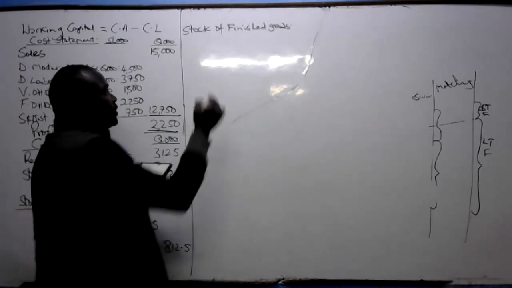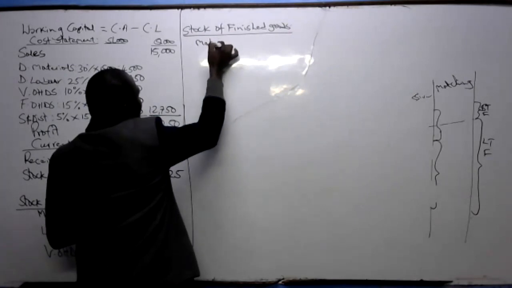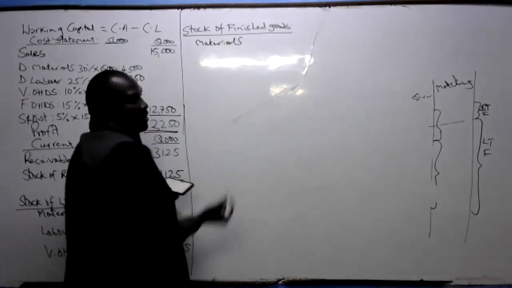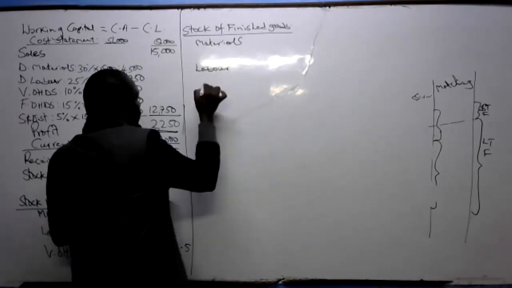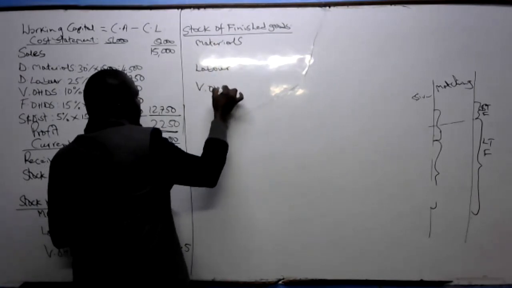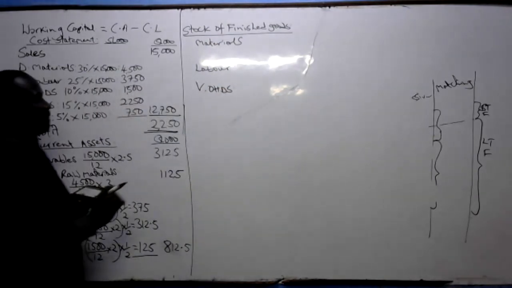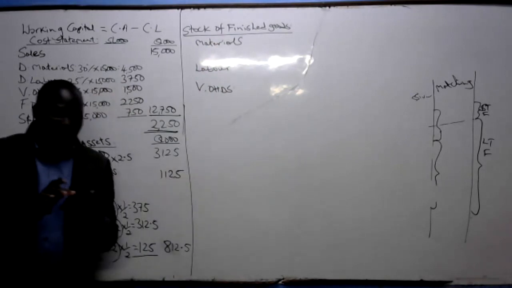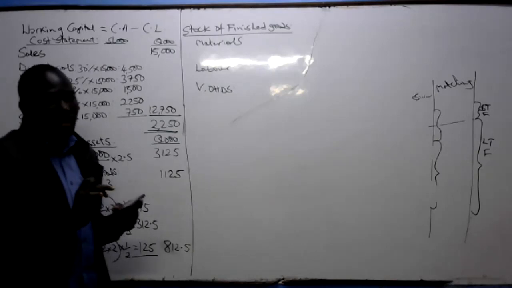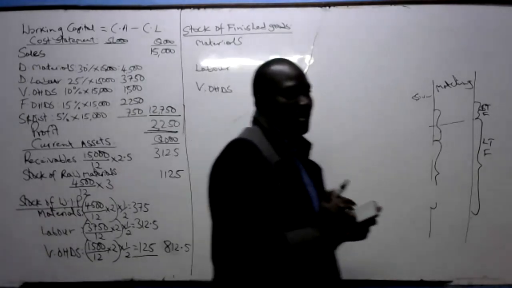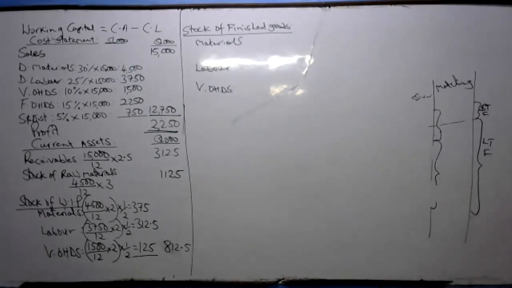So hata kwa finished goods, tunataka materials, labor, na variable overheads. Pale juu amesema finished goods represents 1 month's production. So ukianza na materials, unatafuta materials za 1 month.